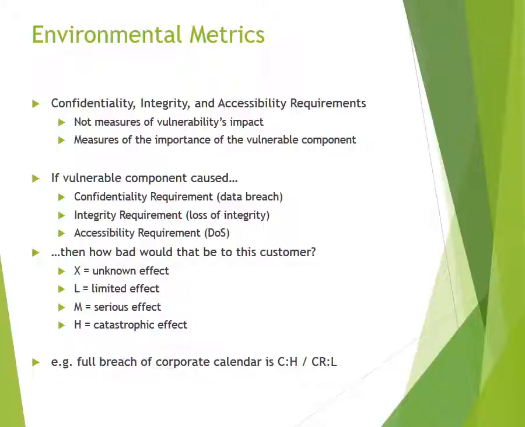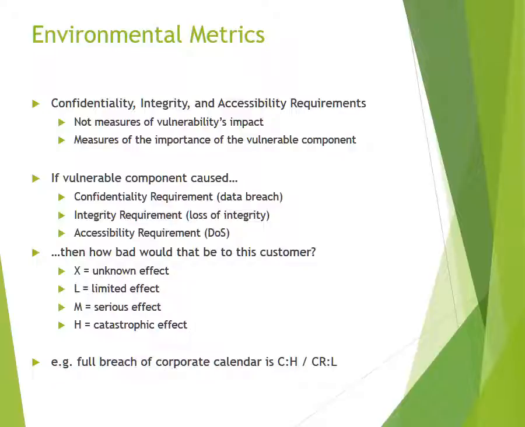But the corporate calendar, it's not that important, low importance. So your confidentiality requirements in your organization are such that the breach of that corporate calendar is low. So the severity of the vulnerability would be tempered by the fact that the corporate calendar is not that important in your organization.